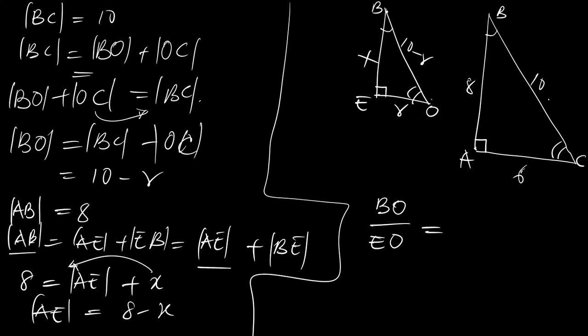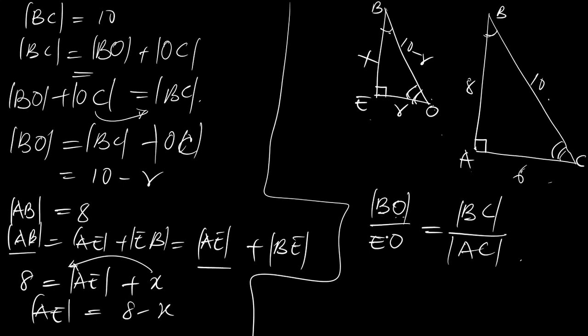If you check, this side BO is adjacent to this angle and this angle, and the one that is adjacent to that same angle and this angle is BC. So you write BC up here as BO, then the one under is AC, which is EO.